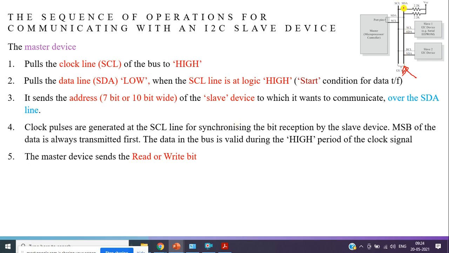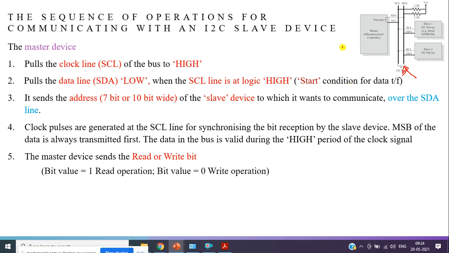Now, anyway, data is already present on the SDA. Now, with this data, whether the microcontroller has to read or write, that is another ambiguity, right? So there are two operations.